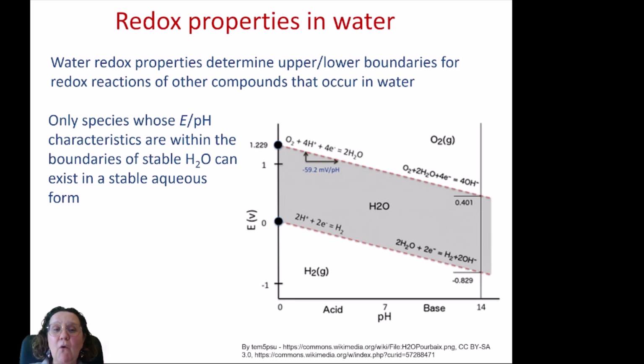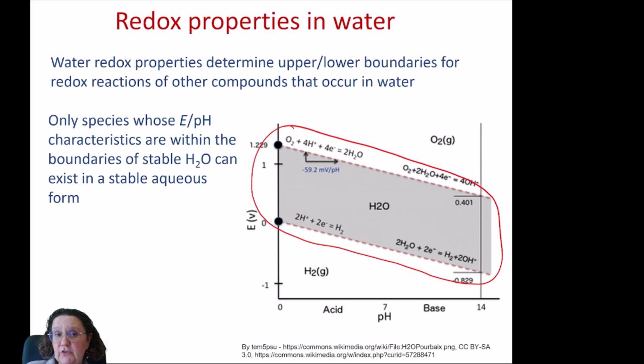And only a species that has an electropotential within this boundary, this gray area here, at a different pH, between very acidic and very basic, will be able to be stable in solution.